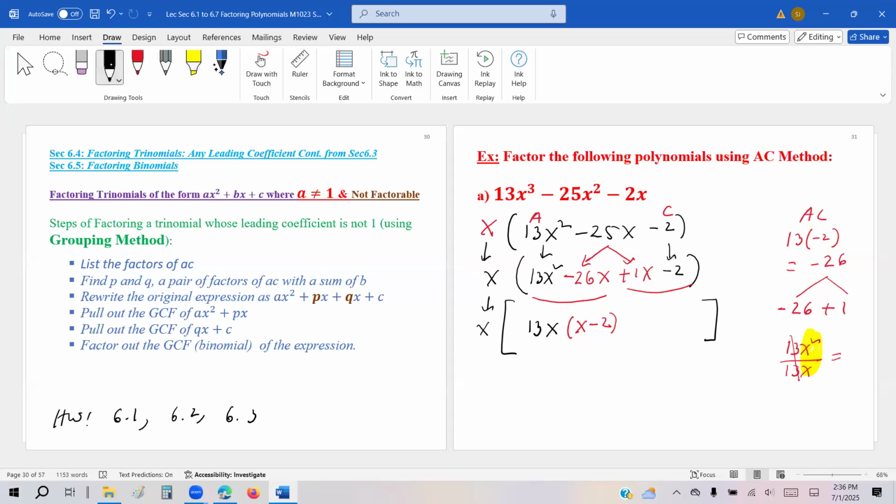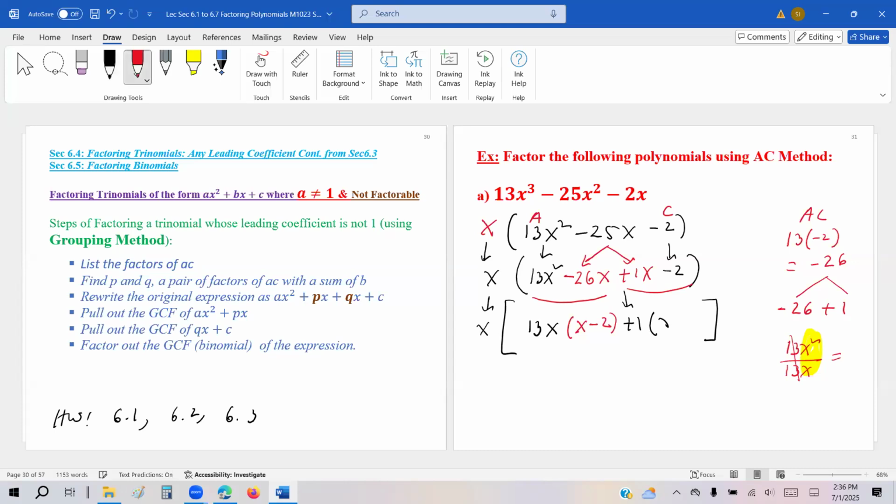I'm going to show you another method later, a shortcut method, which is kind of weird. But this is the normal method. So from the first group, we pull out 13x, so we are left with x minus 2. What's the GCF in the second group? 1, including the sign. You have to take your sign and then you factor something.